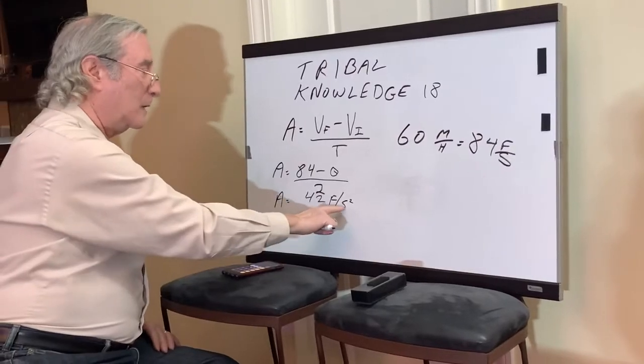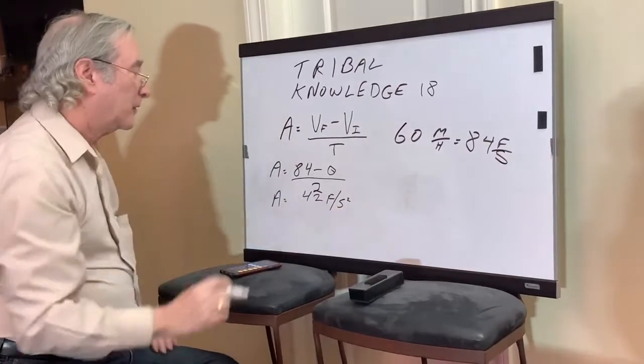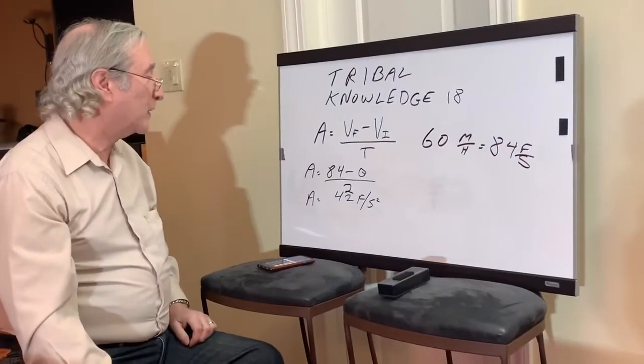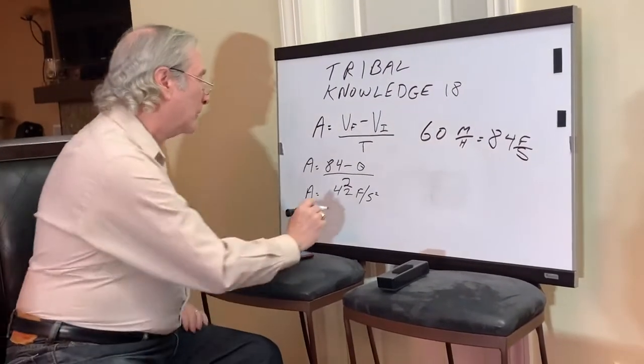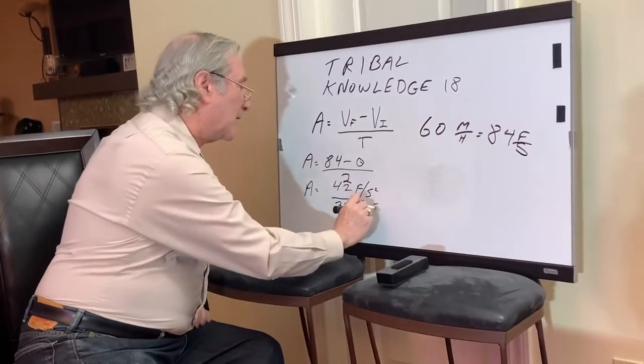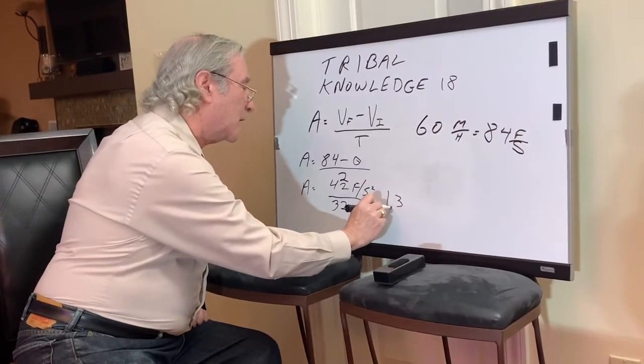That's what the units come out to. Now the acceleration on the planet Earth is 32 feet per second squared. So if we divide this by 32, you get 1.3 Gs.